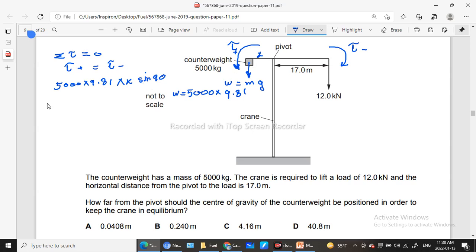This equals the clockwise torque, which is equal to 12 kilonewton, 12,000 newton, times the distance 17, times sine 90.